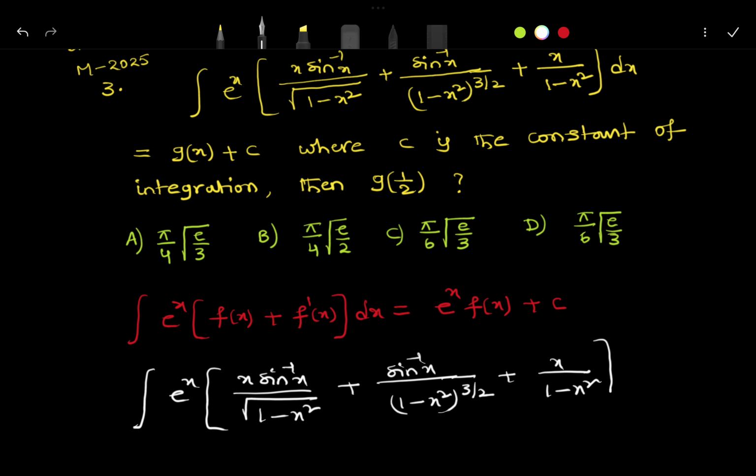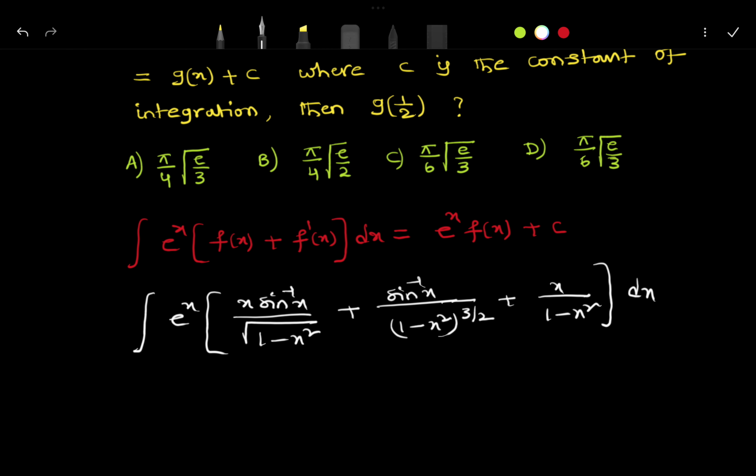See, all of you observe this one. Here you can verify that the first term, x into sine inverse x by root of 1 minus x square, you assume as f of x. By differentiating this, the remaining part will be nothing but f dash of x.